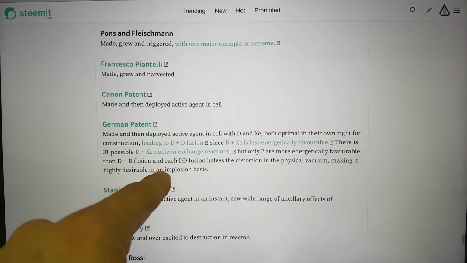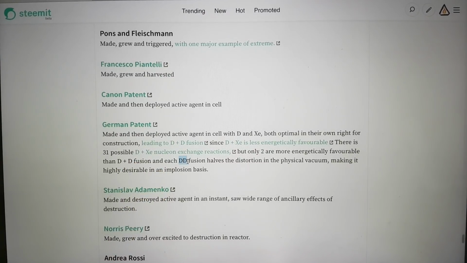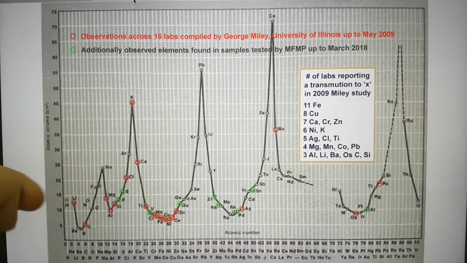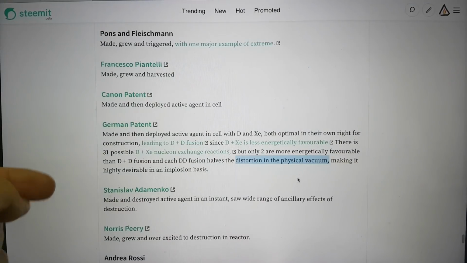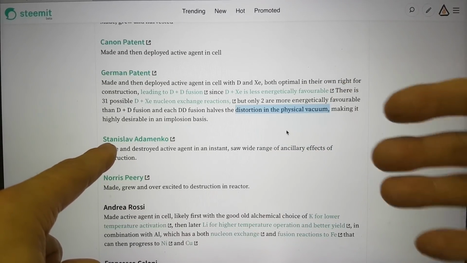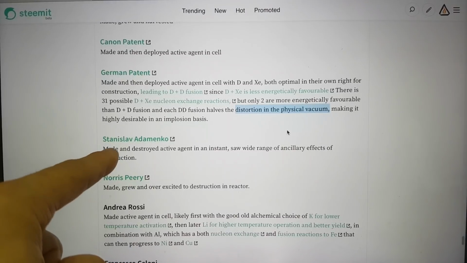However, given the fact that DD fusion halves the distortion in the physical vacuum, according to Stoyanov and Zarg, this, in my opinion, makes it very, very desirable on an atomic volume basis. That's a distortion of the physical vacuum on an atomic nuclei basis.